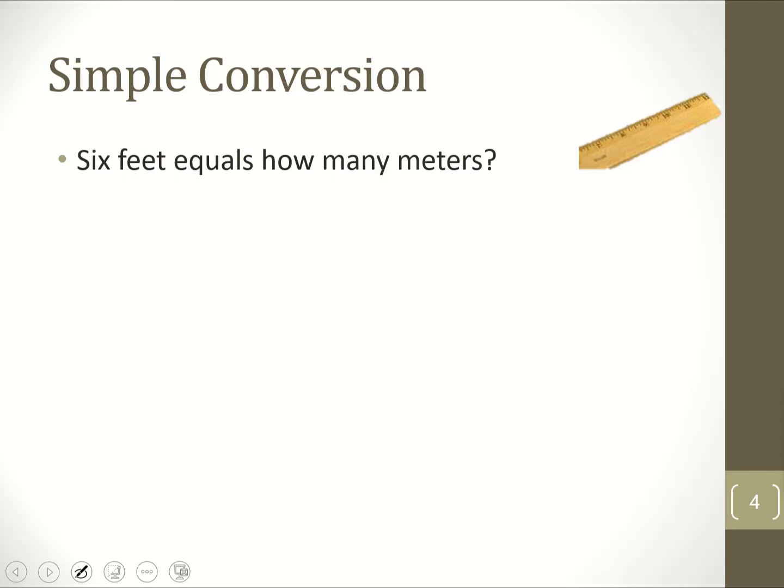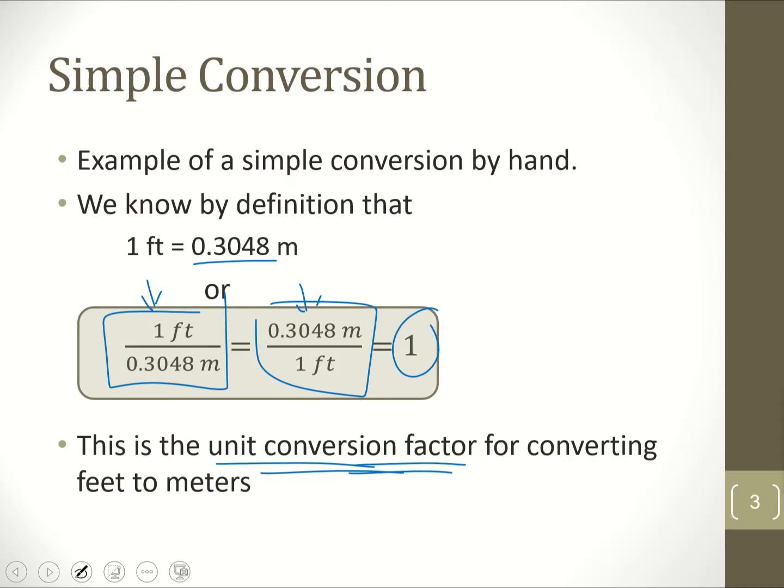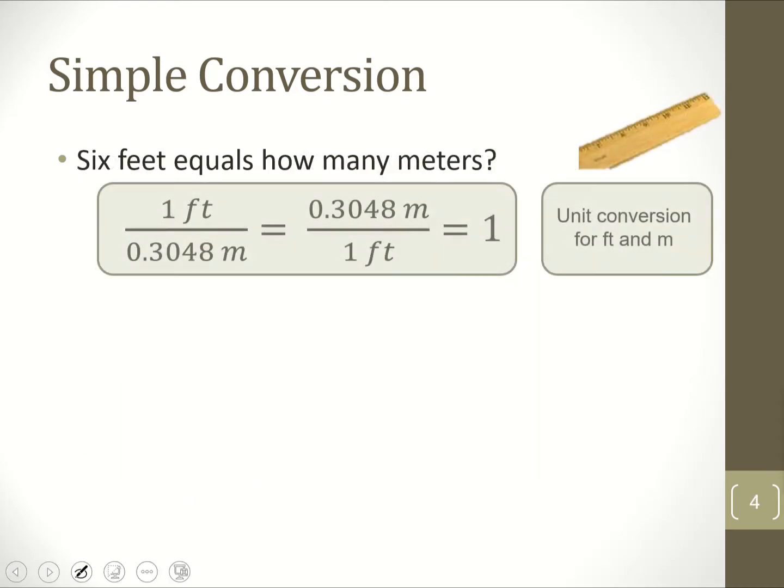So let's take a look. If we have 6 feet and we want to know how many meters that is equal to, we know from our unit conversions that we have 1 foot per 0.3048 meters, or 0.3048 meters per 1 foot equals 1. We have our unit conversion factors for feet and meters.